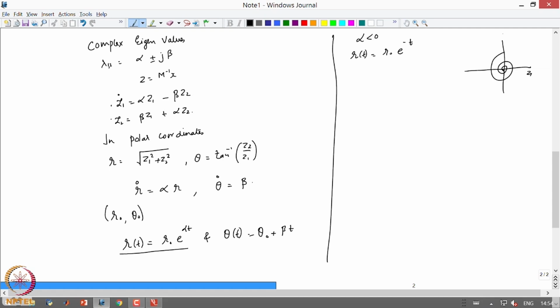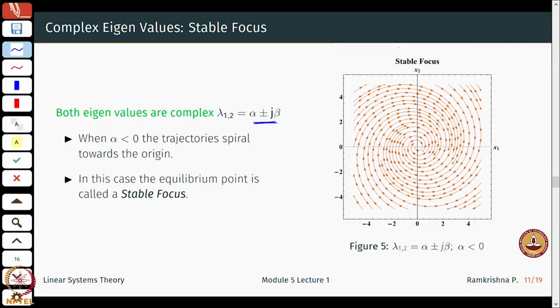It is also obvious from here, right. I start with the initial radius and it will just go spiraling to the origin. Okay. Now, back to here. So, when alpha is less than 0, the trajectories spiral to the origin. In this case of complex eigenvalues, I call my equilibrium point a stable focus.